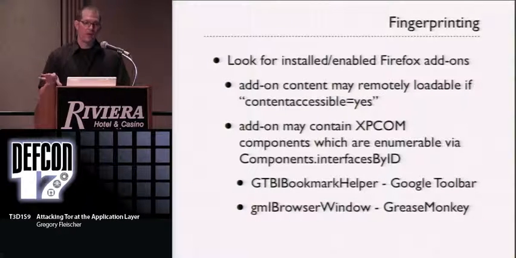Now, Tor button blocks this, so I had to come up with a different approach, and that's to look at components that expose their own XPCOM interfaces. So like Google Toolbar, for example, exposes this GTBIBookmarkHelper, and GreaseMonkey exposes GIBrowserWindow.